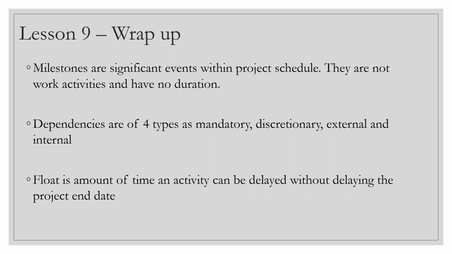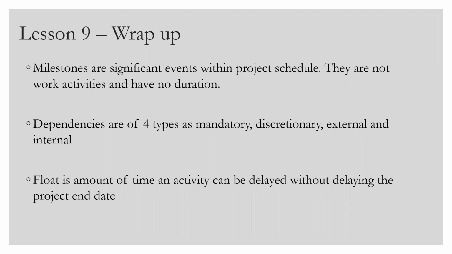Second point is dependencies. We have gone through them so far, and there are types: mandatory or hard logic, discretionary or soft logic or the preferred method, and external and internal. And lastly, float or slack. A very important concept. Just remember that it is buffer. Float is the amount of time an activity can be delayed within a project without delaying the project end date.